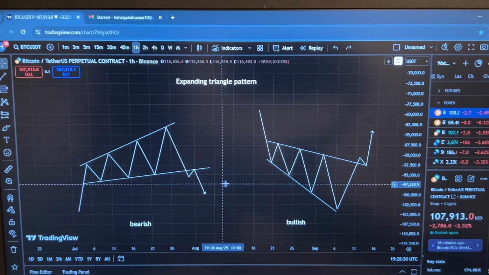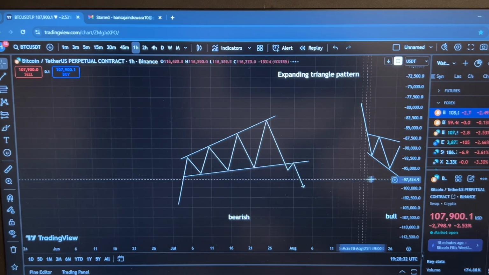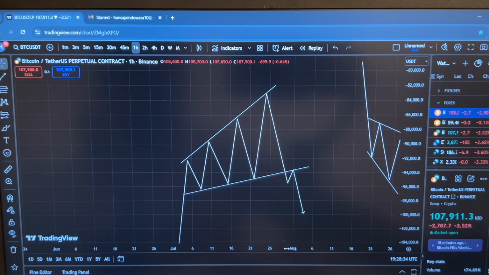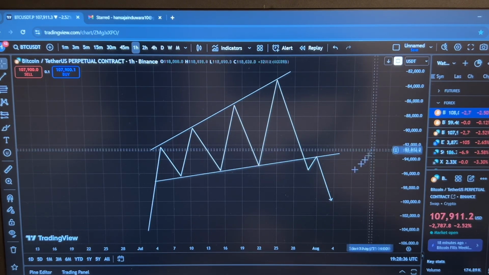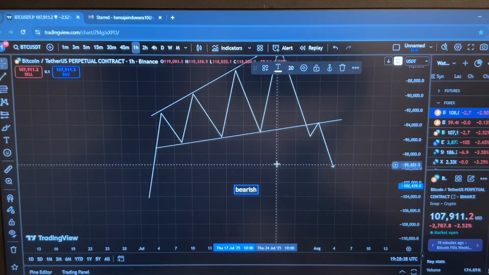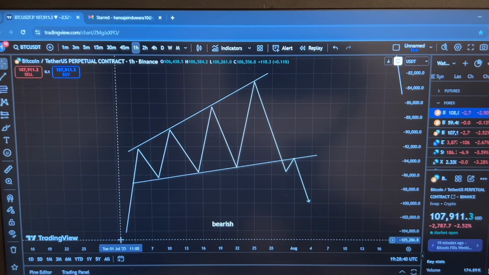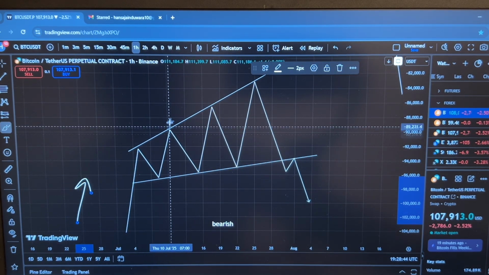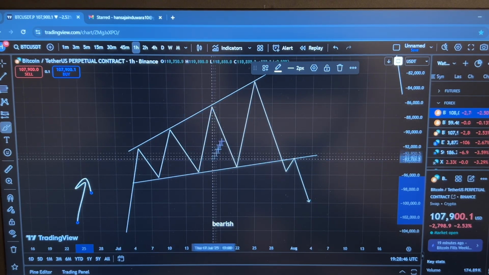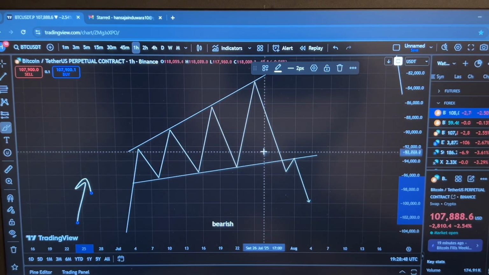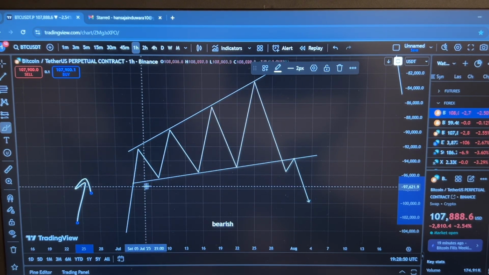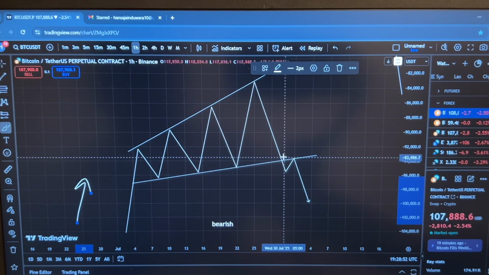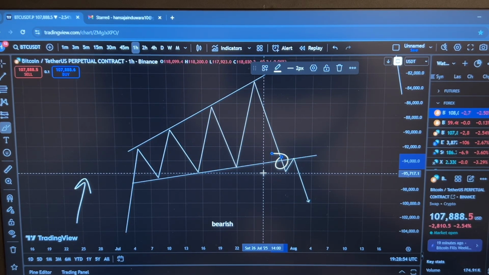So let's talk about the bearish first, so you guys get a good idea. Initially, like I was saying, the market was in an uptrend and it makes higher highs and higher lows, and at some point eventually it broke the lower trend.